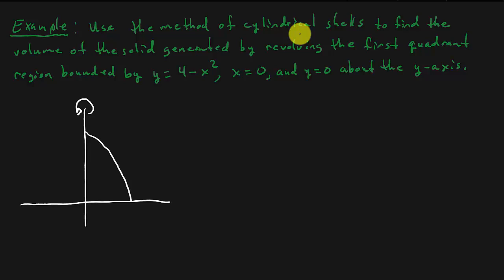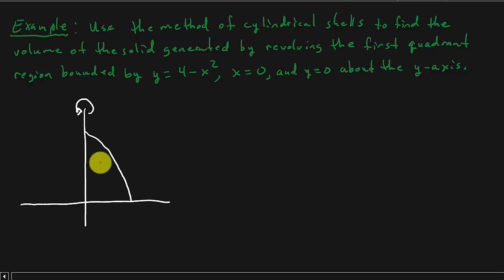Now remember what I said earlier. If you're using the shell method, you want to draw your rectangle parallel to the axis you're revolving it about. And so what's my thickness? My thickness is dx.